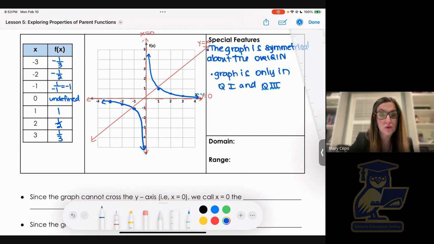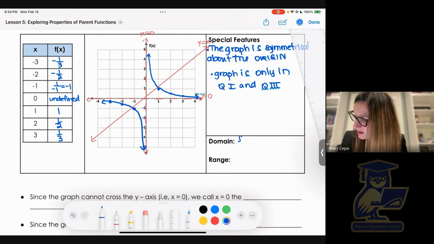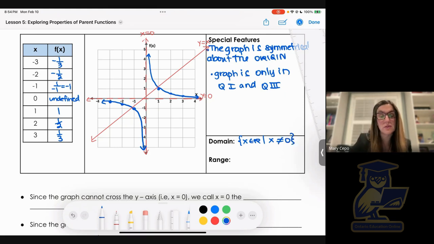With that, our domain has a point where our function doesn't exist. That's called a restriction. So x can be any value, but it doesn't exist when x is equal to 0. To put that in set notation, we would say x is an element of real, however it can't be 0. It can be any other number. It's easier to say it can't be that value, which is where the asymptote exists.